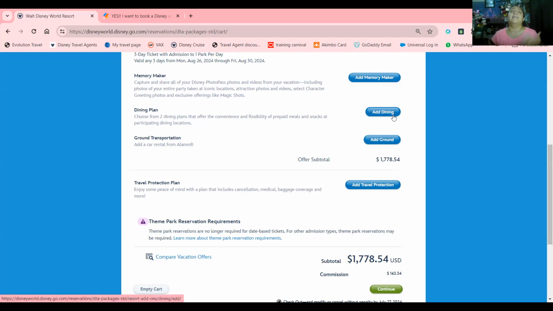The dining plan came back this year. For those that didn't know, we didn't have the dining plan since COVID hit. That was not available. The 9th of January is when this opened up again. So now we have the availability to add the dining plan if your client wishes to add this on.